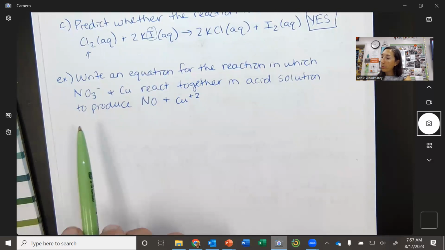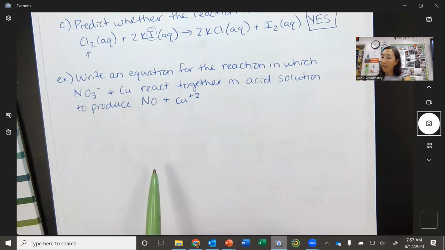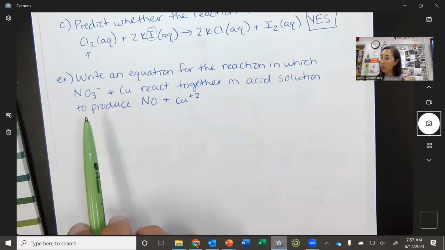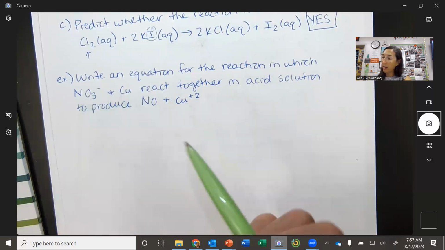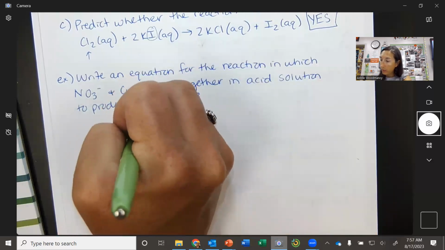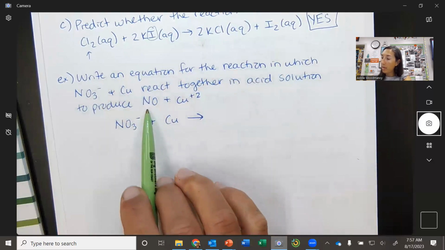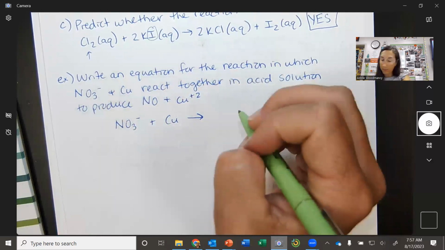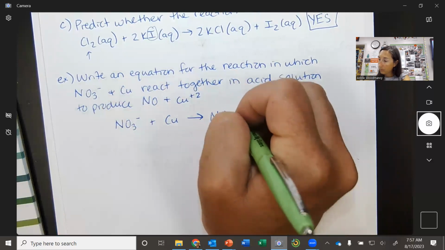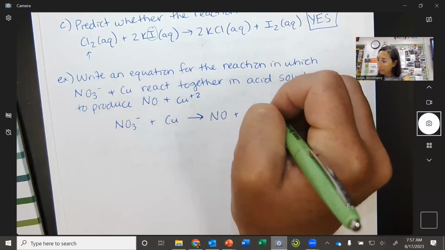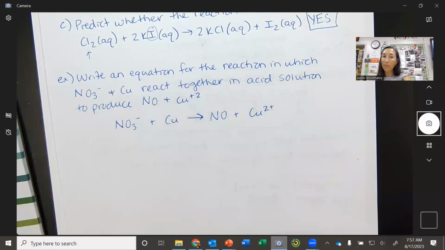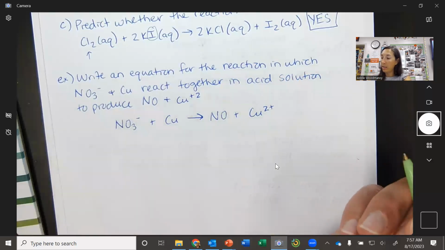All right, so what we're going to do is we're going to start by writing a reaction equation. So we're reacting these 2 things together: NO3- plus Cu, and we're going to produce NO and Cu2+. Okay. So now, if you look back at your first step in your slide, we need to determine oxidation states.